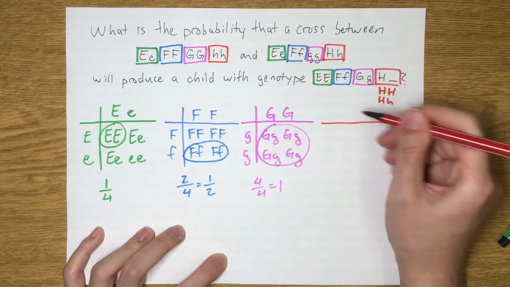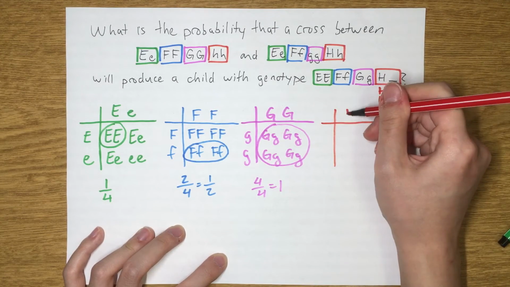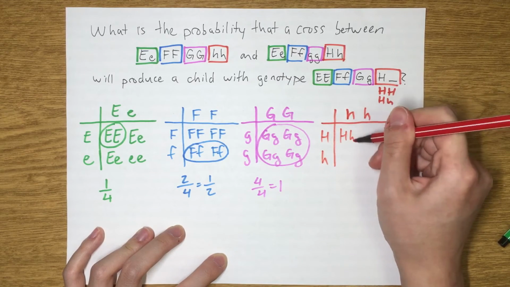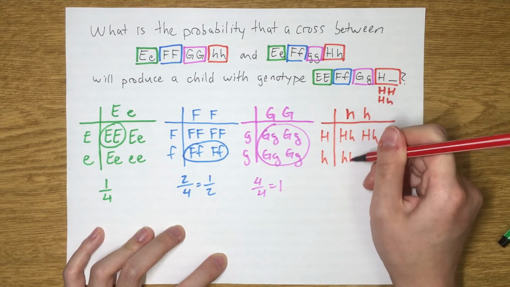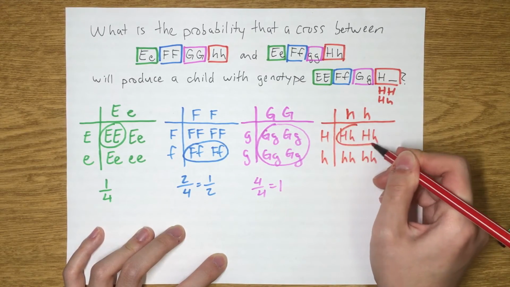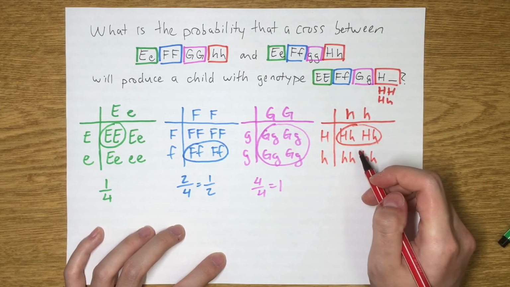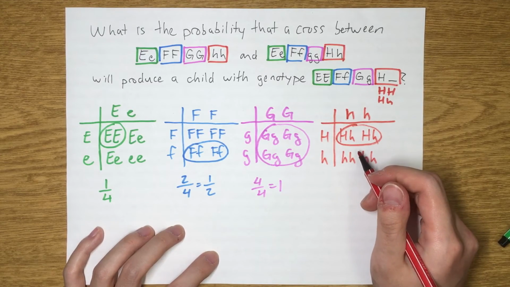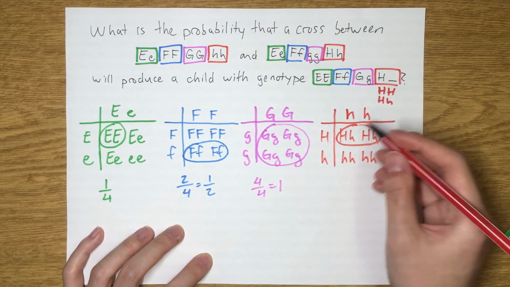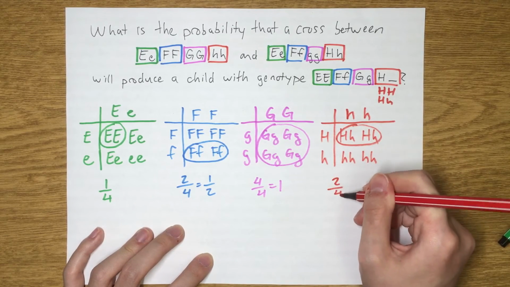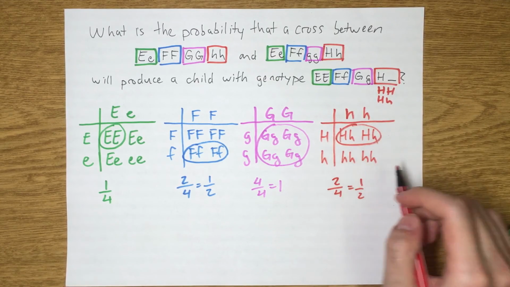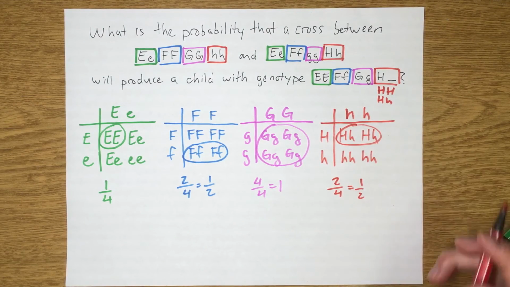So if we do the cross, we'll see that these two have at least one big H in the genotype. And these two are both homozygous recessive, so they don't apply. That means there is a 2 out of 4 chance, or 1/2 chance, that we get at least one big H in our genotype. In this case, they're both heterozygous.